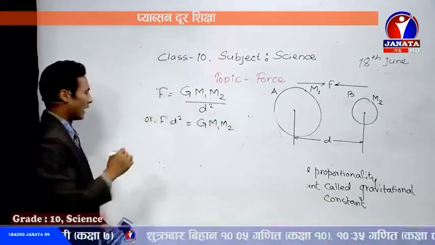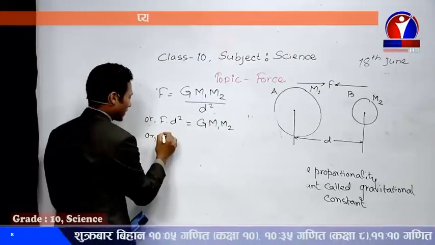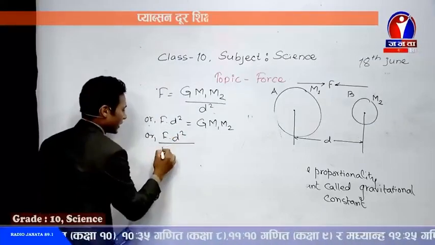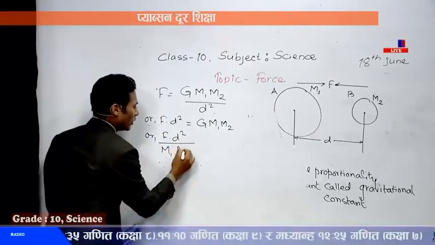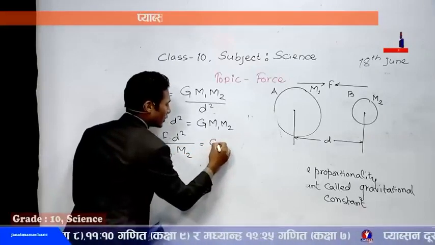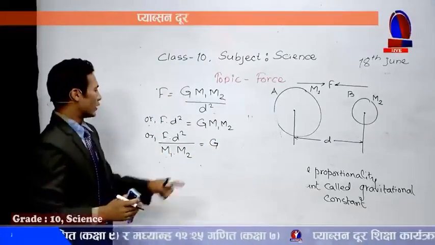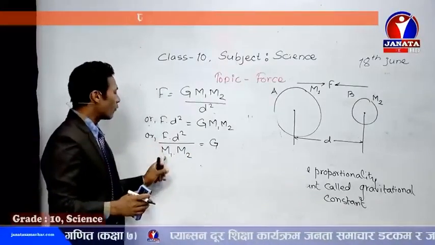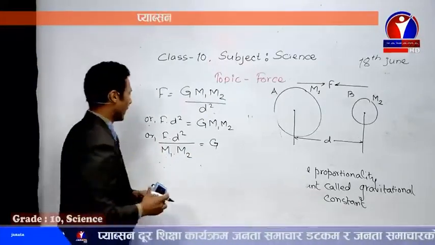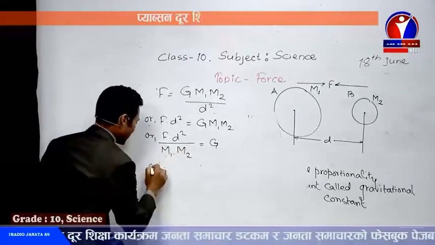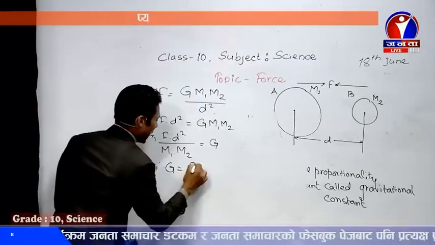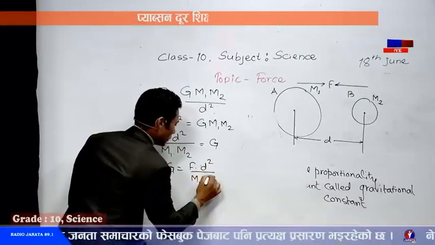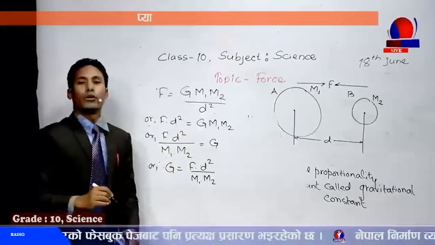We can write, right? So let's simplify this further. F into d square by m1 into m2 equals G, right? So G equals F into d square by m1 into m2, right?